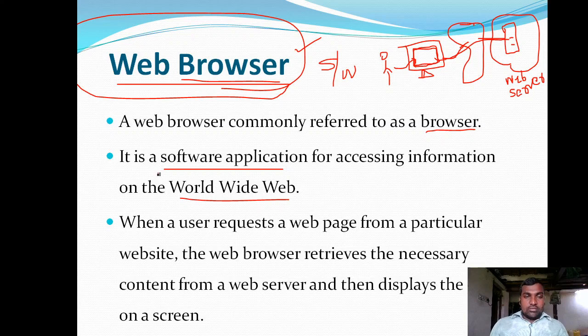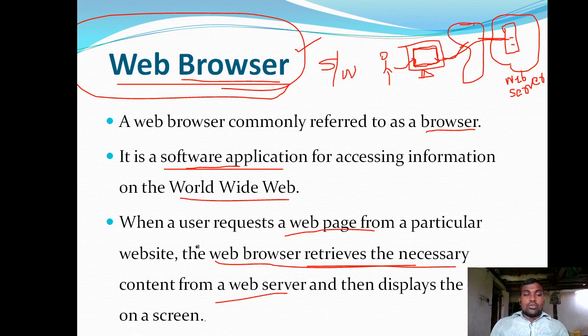Now coming to the definition, it is a software application for accessing information on the World Wide Web. World Wide Web we can simply call the internet. When a user requests a web page from a particular website, the web browser retrieves the necessary content information from the web server and then displays the page on the screen.